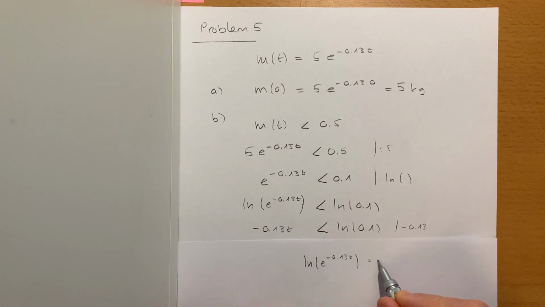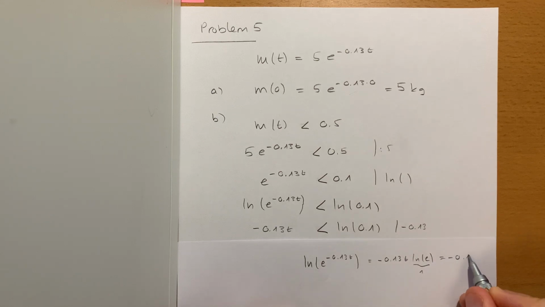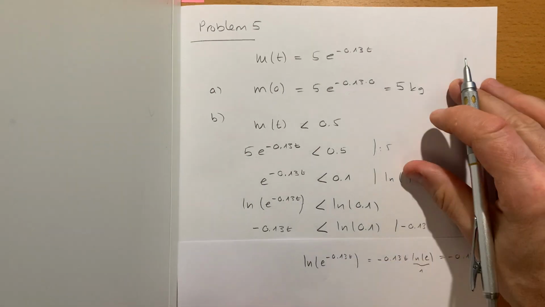But if you used this method here, taking out the exponent and writing the ln e over here, that would lead to the same thing, because ln e is 1, because e to the what is e? Well, e to the 1 is e, so you would get 0.13 t as well. But you can do it directly.